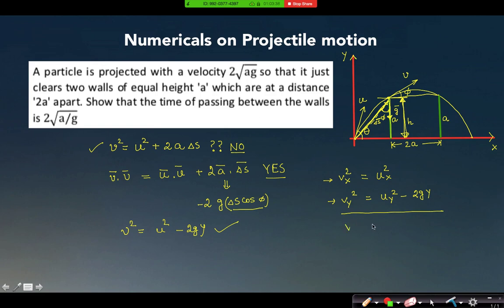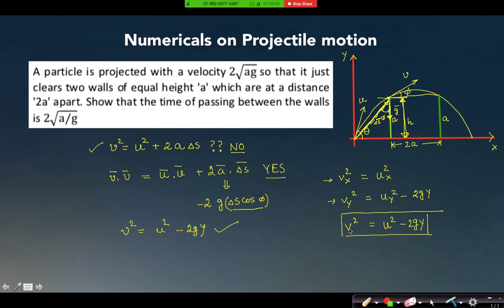Mod V square. What is Ux square plus Uy square? Mod U square, and minus 2gy. Now have you got this equation? So in projectile motion, I can always use this equation: v square equal to u square minus 2gy.